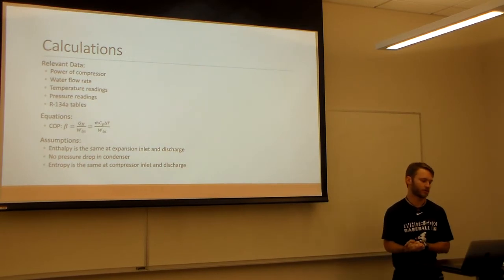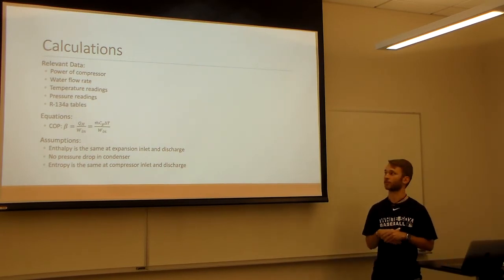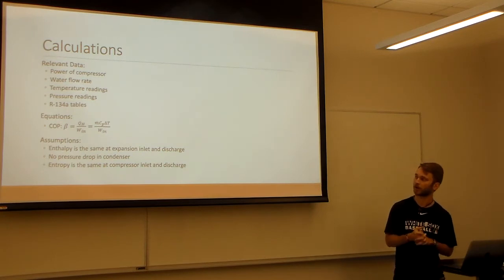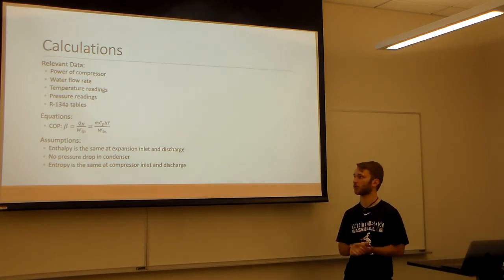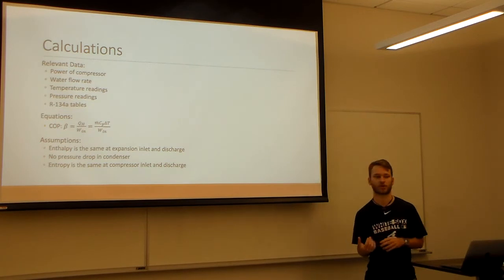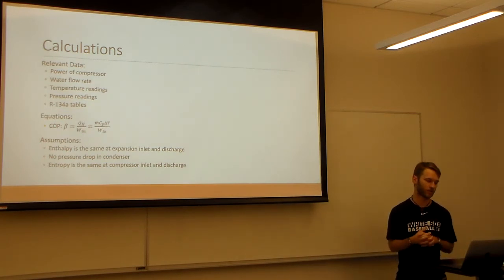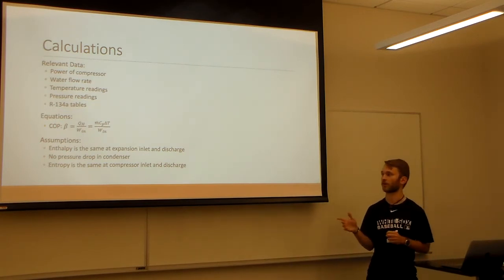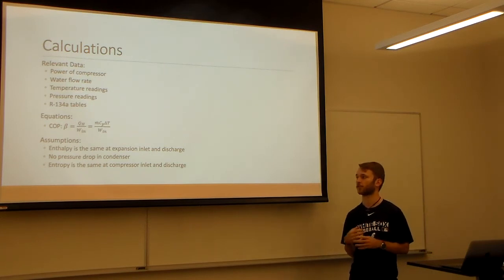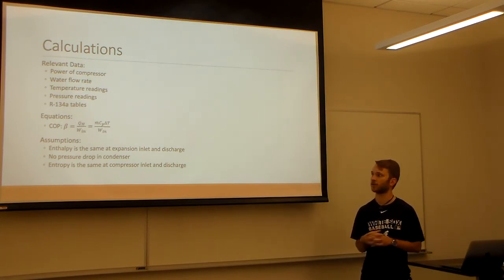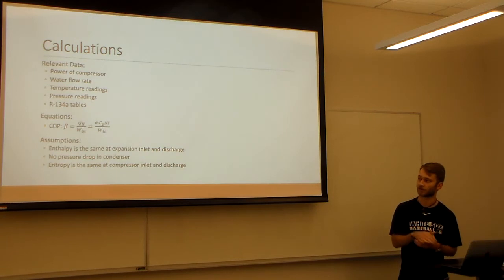All right, so to be able to measure the coefficient of performance and to document or draw the pressure versus specific enthalpy diagram, we're going to need the power of the compressor, water flow rates, again, temperature and pressure readings at different points in our cycle, and then we're using the R134A tables to find the enthalpy from the pressure and temperature readings to plot the refrigeration cycle.